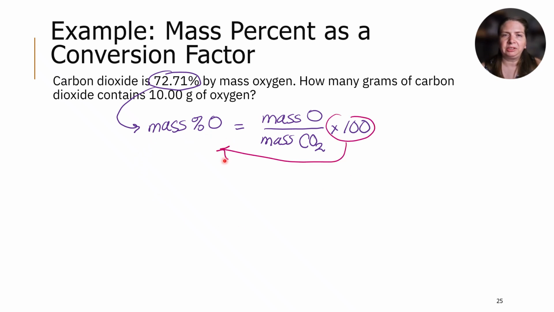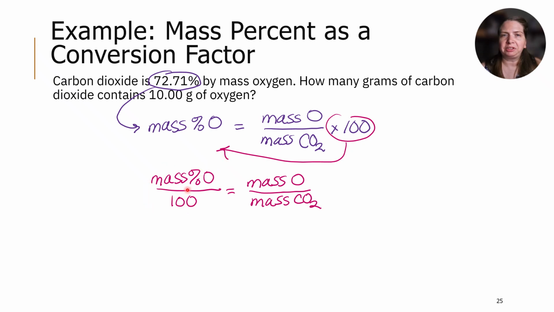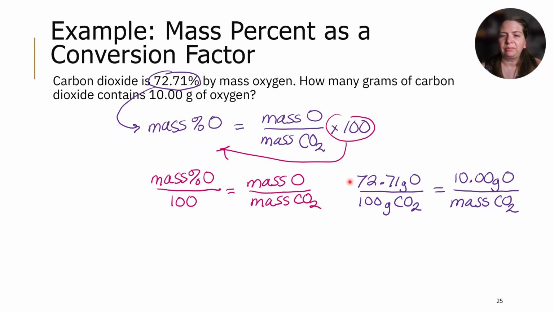Rearranging this equation shows us a relationship between our mass percentage value provided and 100. This can be used as a conversion factor in our dimensional analysis. Every 100 grams of compound contains 72.71 grams of oxygen.